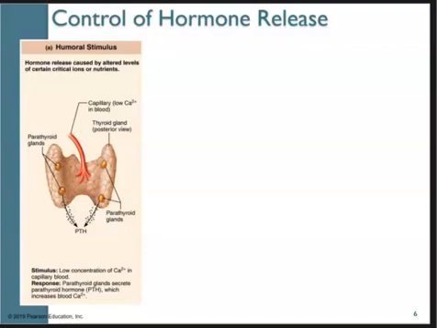So any biochemical concentration changes will influence their release. A good example is calcium. If we have a low calcium in our blood, it's going to stimulate parathyroid hormone to be released, which will cause calcium to be released from the bone, which we'll talk about in this video a little bit later.